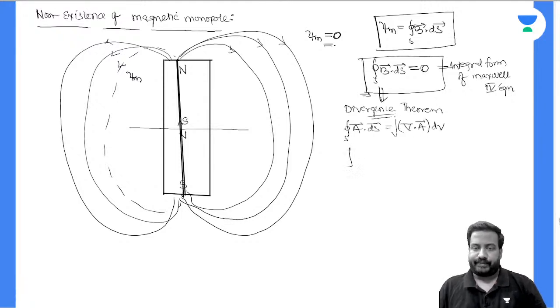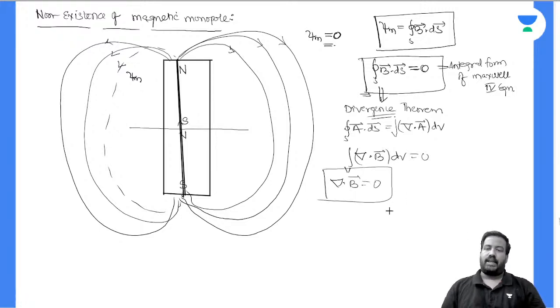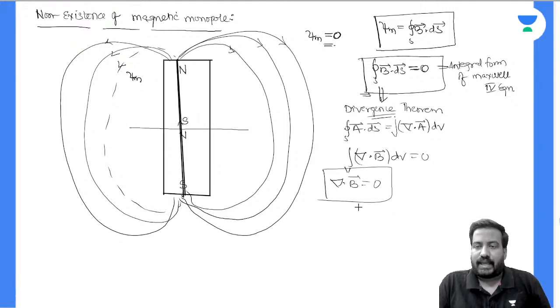Applying, closed surface integral of B dot ds is volume integral of del dot B dv, which is 0. Implies del dot B is equal to 0. Divergence of magnetic flux density is 0, implying that B is a divergence-less field or a solenoidal field.